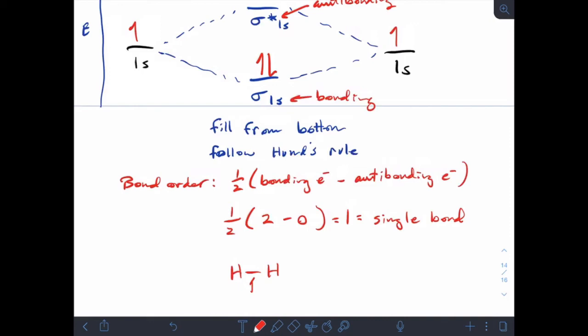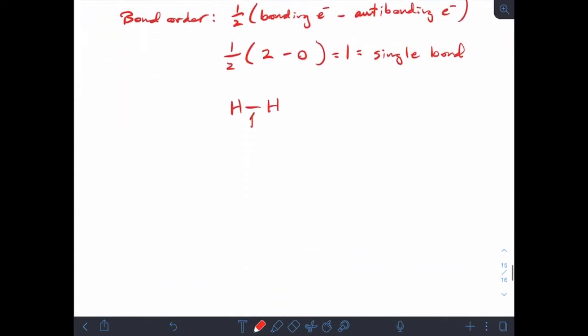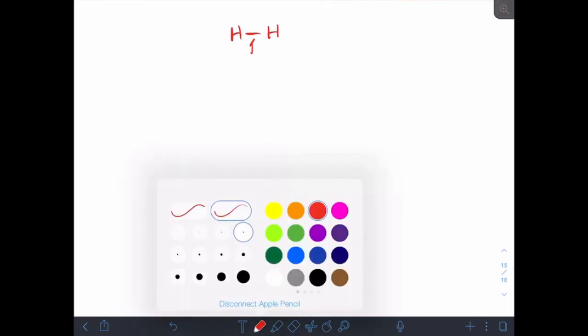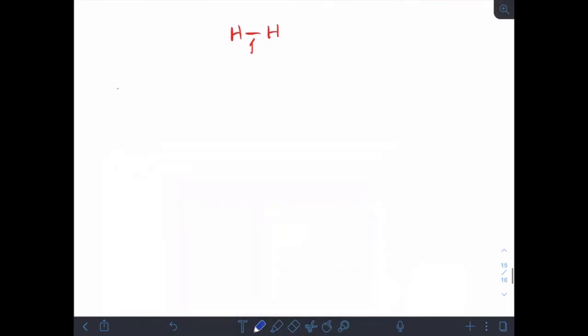So let's see what happens. Let's play around a little bit. That's kind of the fun aspect of molecular orbital diagrams, is we can try things that really shouldn't exist and we can show why. So let's take a look at what the MO diagram would be for H2 2 minus. So each hydrogen atom should have 2 electrons.